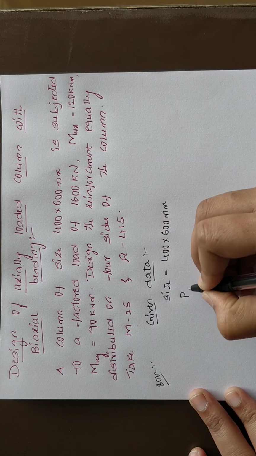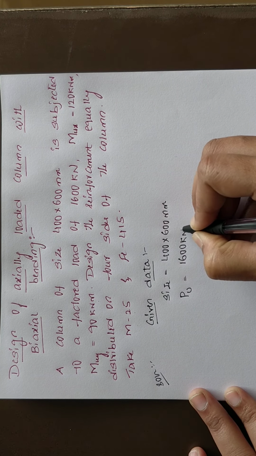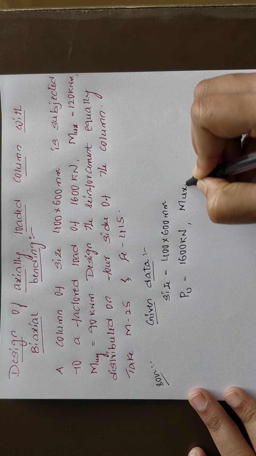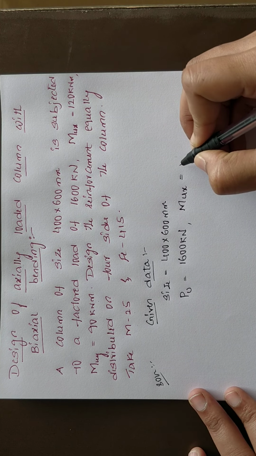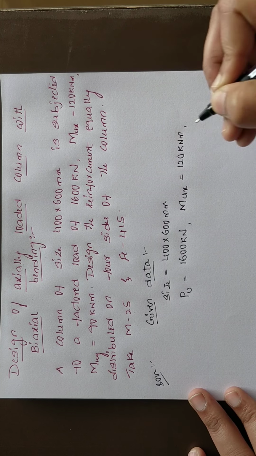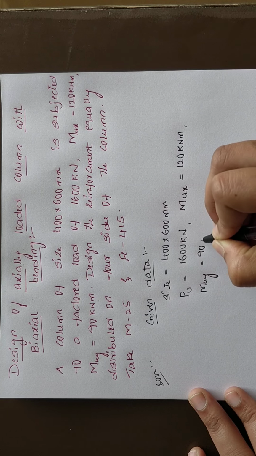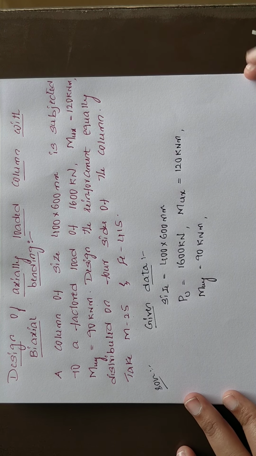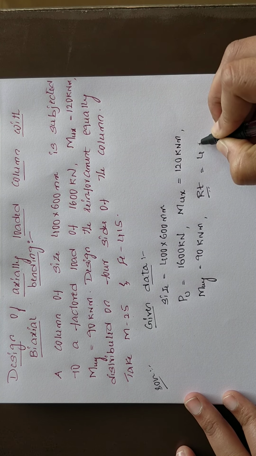Next, the factored load PU equal to 1600 kilonewton, and MUX, the factored moment along x direction, 120 kilonewton meter, and MUY is 90 kilonewton meter, and they have specified reinforcement on all four sides.